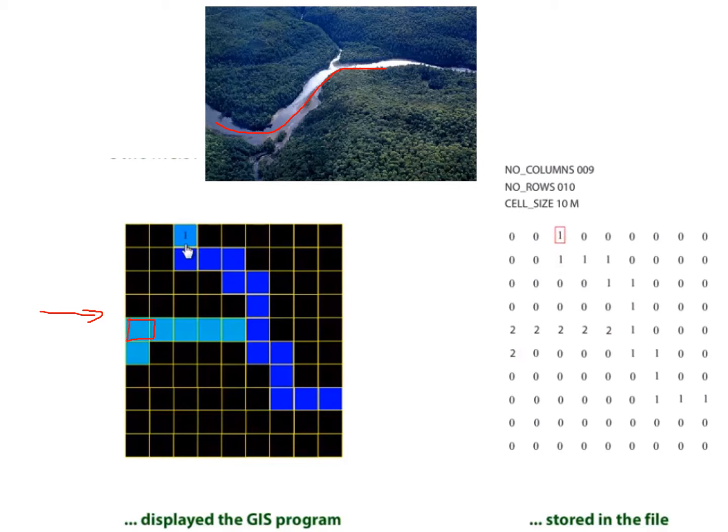As we have seen in the last slide, you can see here this is your grid, and this is nothing but your digital number. You can see the value 1, so that 1 belongs to this cell. This cell has an identification as first row and third column, so 1/3, which has the value of 1.